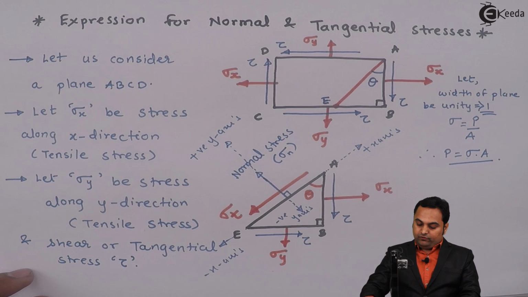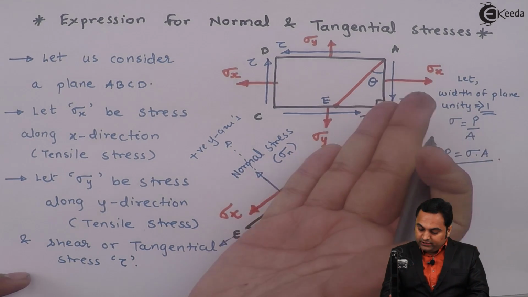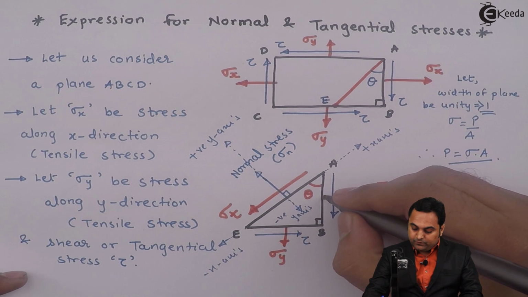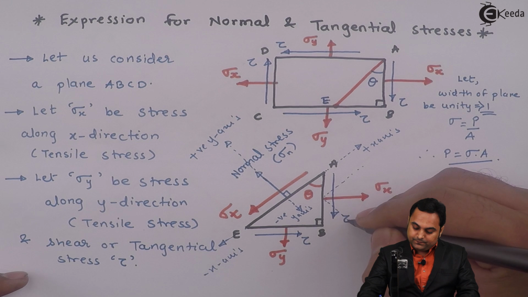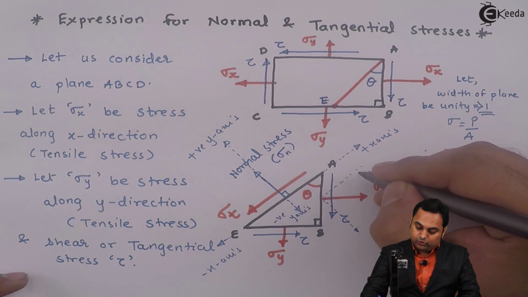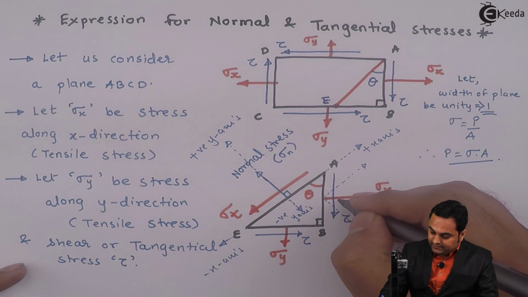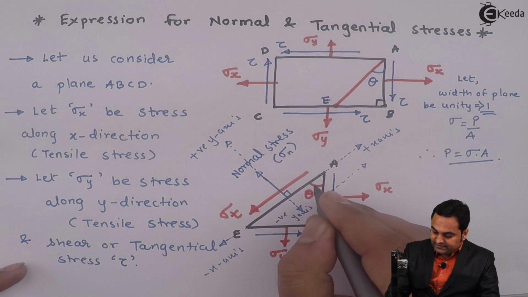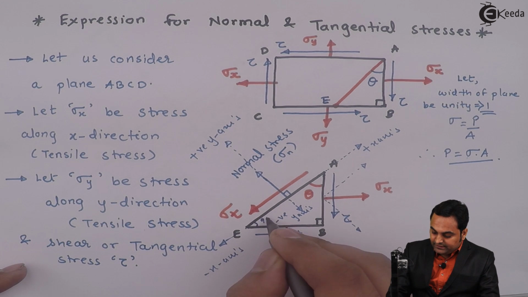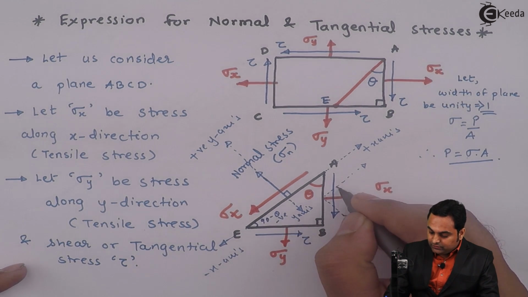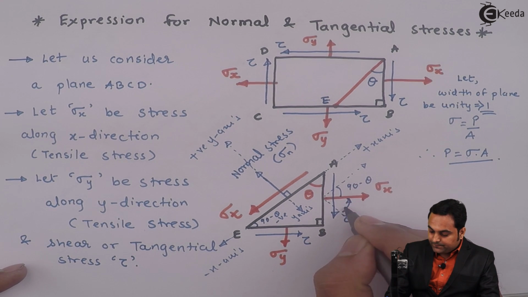Now for this sigma x, if I draw a line parallel to AE, it would be passing through this and perpendicular. So we would be having 2 components of sigma x. Next, the angle here, since this is 90, here there is theta, so the angle here becomes 90 minus theta. So here also that is 90 minus theta, and this angle is theta.